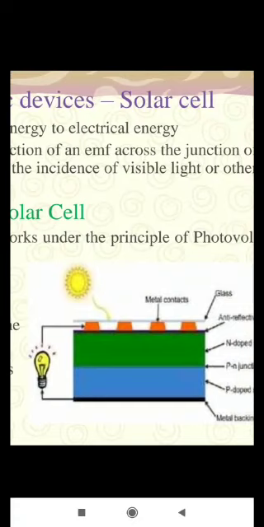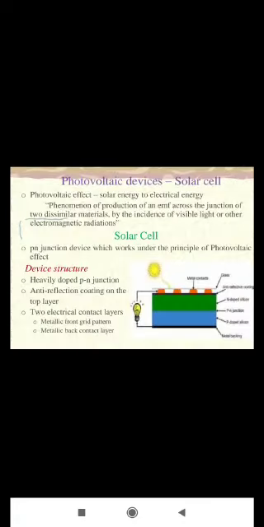And the metallic layer which covers the entire back surface of the cell forms the metallic back contact layer, the part of the solar cell in the back side which is in black color. These two, the metallic front grid pattern and metallic back contact layer, make up the electrical contact layers in a solar cell. So this is the structure of a solar cell.